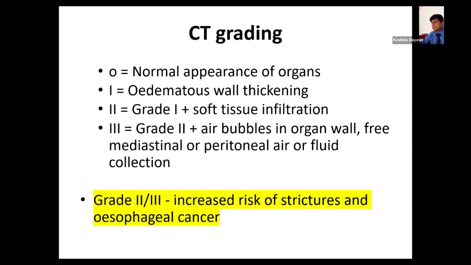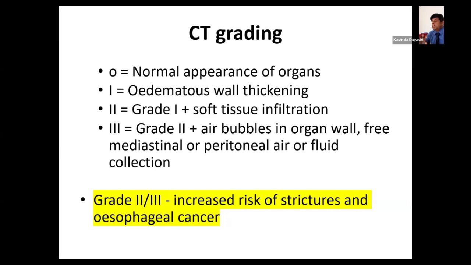And CT can be helpful to grade the local necrosis, so you can see the cross section of the wall of the esophagus or the stomach, depending on the presence or absence of wall thickening, edema, soft tissue infiltration, air bubbles, free mediastinal or peritoneal air or fluid collection. Then you can grade as grade 0, 1, 2, 3, and so on.